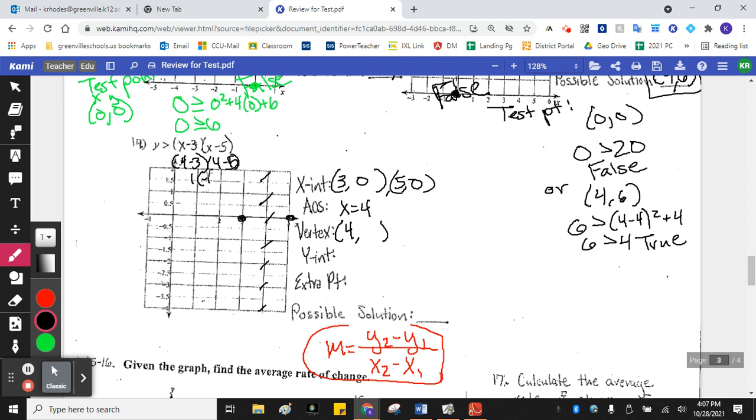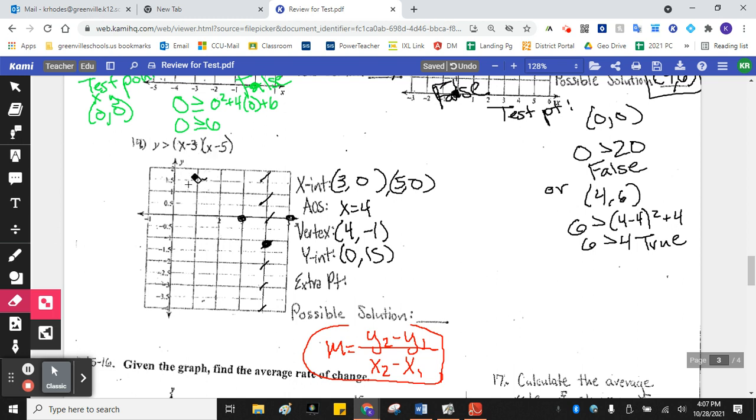So 1 times -1 is -1. So here we go. My y-intercept is 0, 15. That doesn't fit on the graph. I plugged in 0 to get that answer. 0 minus 3, 0 minus 5. So that's 15.